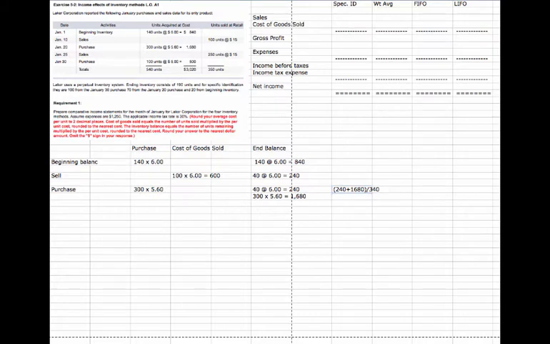So our new cost is going to be, if I got my formula right, over here, I gotta put an equal sign, $5.647. So we're gonna round that to $5.65. Okay? So now that we have a purchase, now we have the sale. We sold 250 units times $5.65.